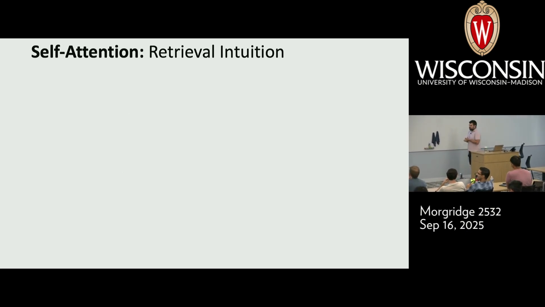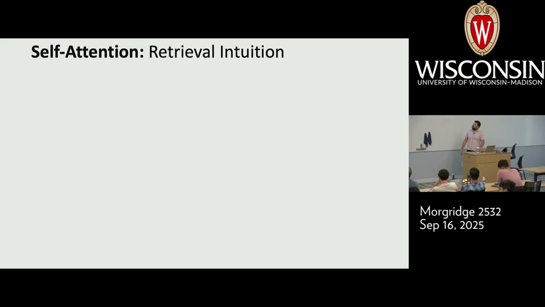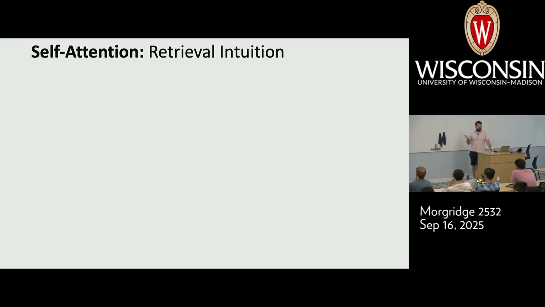OK, so the starting point that we had was this retrieval system intuition. And the reason why we tried this is we said, OK, we want to understand the way that elements in a sequence, and especially words and sentences, interact with each other. We said that this is going to be necessary for translation, but probably also for any other language modeling task. And we had this very simplistic idea.